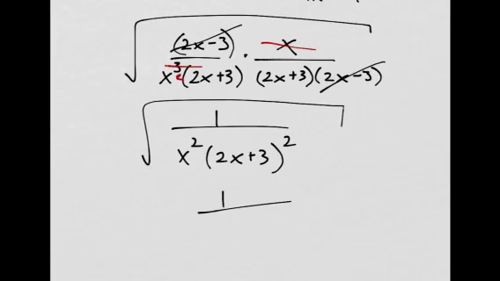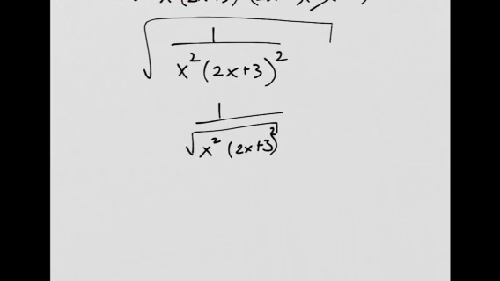If you could square root the bottom, I'll show this part. 2x plus 3 quantity squared. So the square root of 1 was just 1. That's why we wrote it as a single 1.